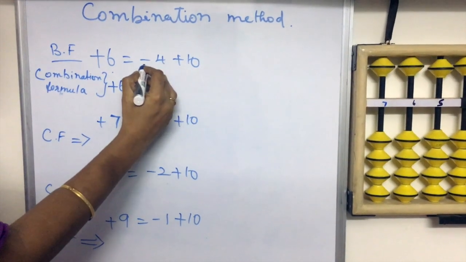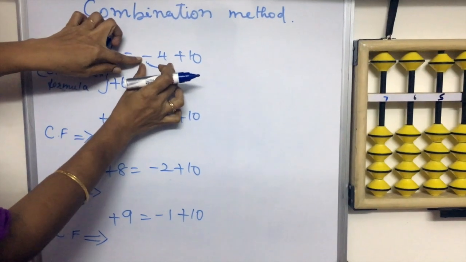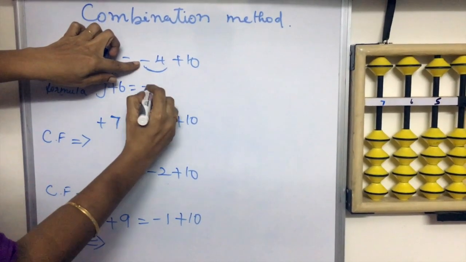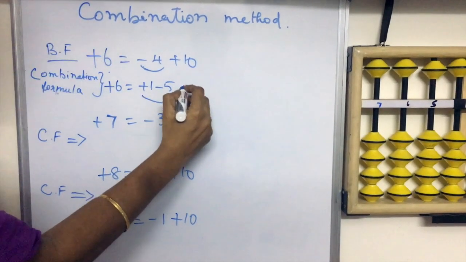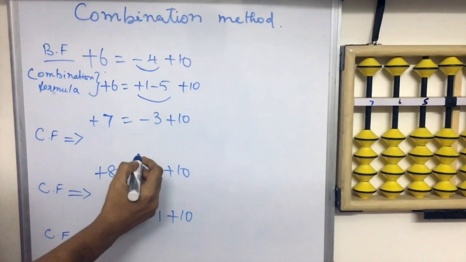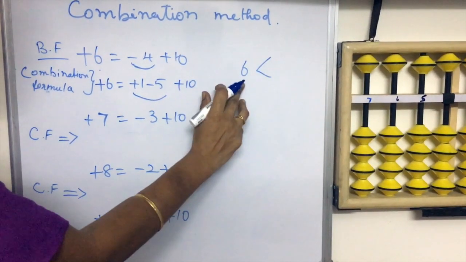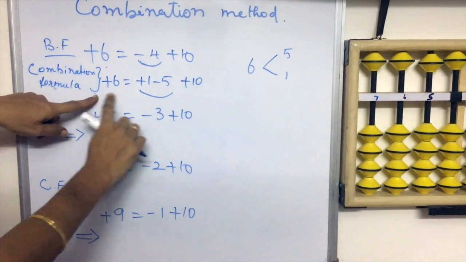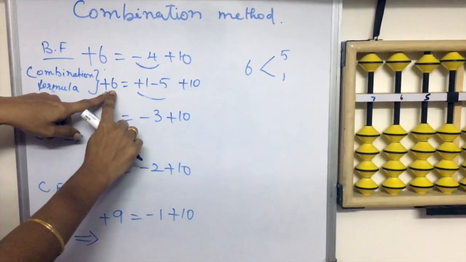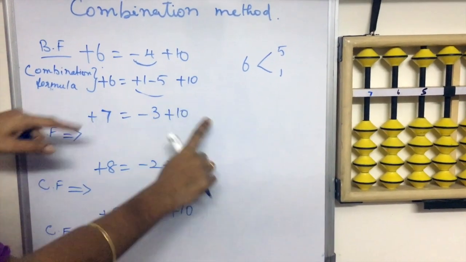In case you can't do minus 4 directly, the small friend formula for minus 4 is plus 1 minus 5 plus 10. Also have a note, we can split 6 as 5 and 1. So in short form we can say that to add 6, plus 1 minus 5 plus 10.